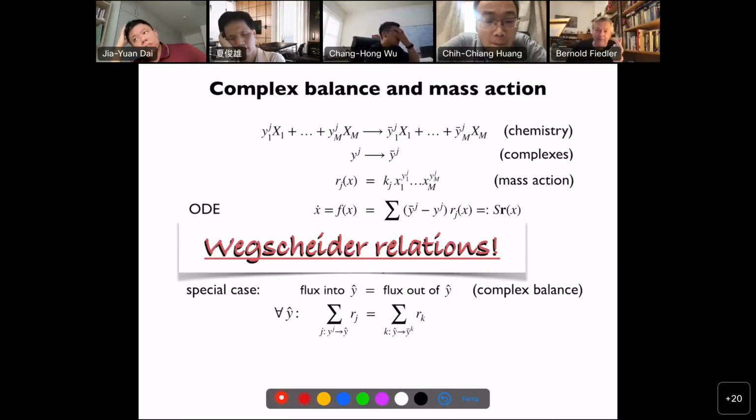And now, if you calculate that, then in order to have an equilibrium, after multiplication, you can cancel all the concentrations and you get the product of the reaction rates. This means that the product of the forward reaction rates equals the product of the backward reaction rates, so that everything cancels out and you have a solution. In general, this will not be the case.